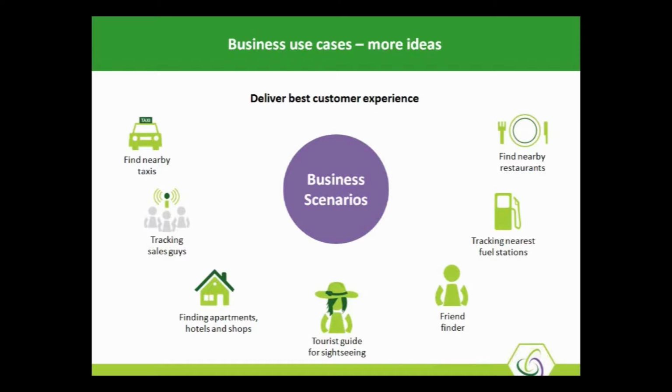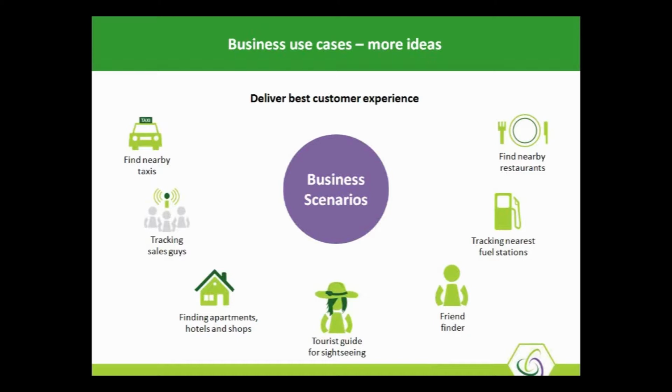So what it does is it tracks the location. It gives, okay, here you are, and these are the nearby places, and these are the interesting places to visit, these are the restaurants. So a lot of things can be done even though you don't have a data connection. And there are a lot of restaurant and fuel station finding applications. So these are only a few of the examples we have discussed.